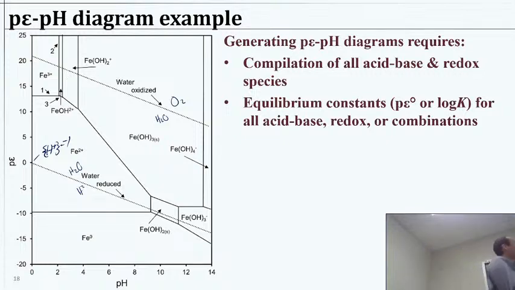Okay, so that's kind of how we can look at this diagram as a whole, and you might be able to start seeing why we would use them. We might say, okay, our particular water has some redox potential, and if you've done some sort of water chemistry, you might have measured this as the ORP, oxidation reduction potential.